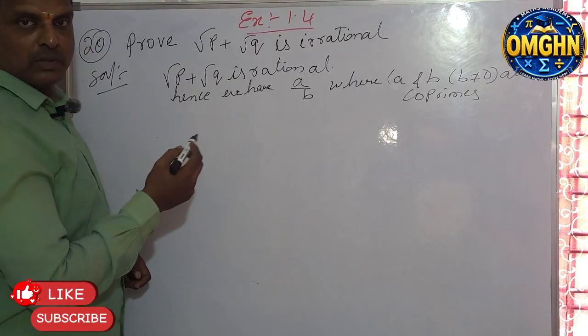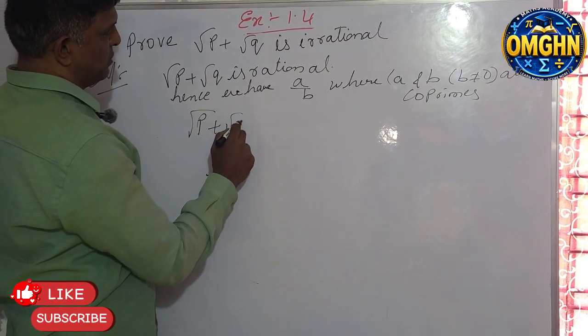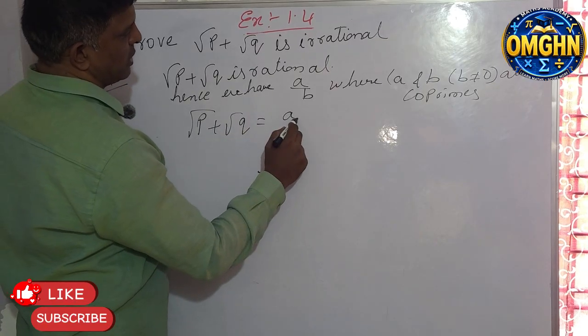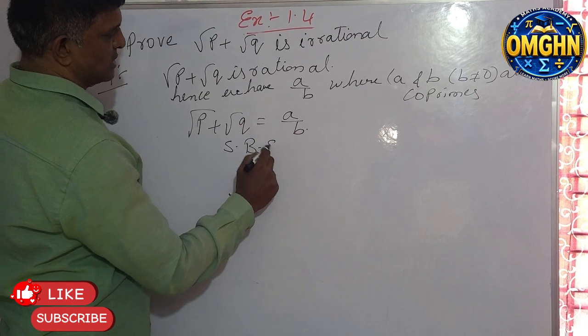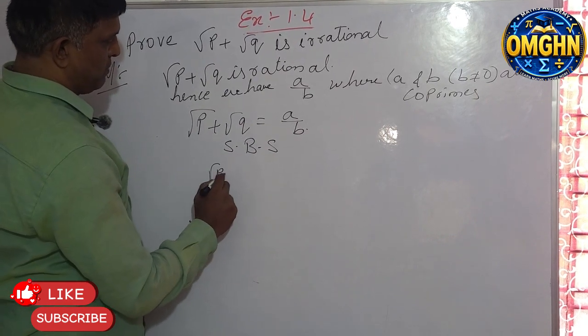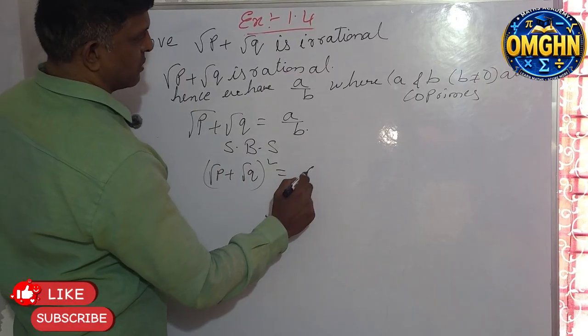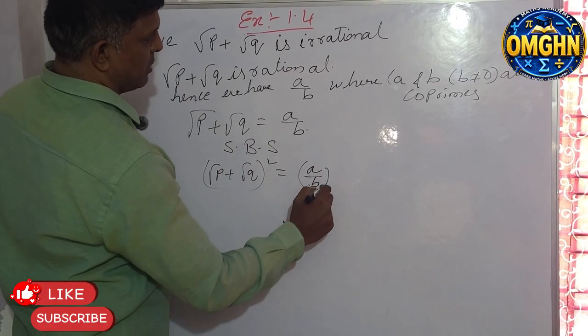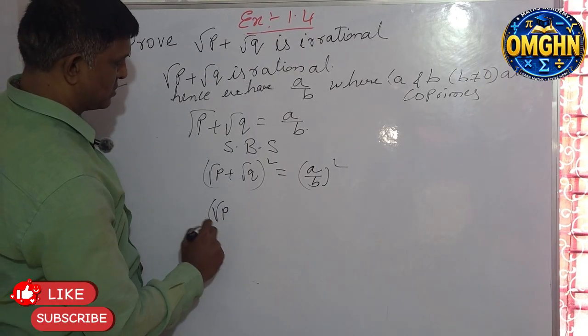Now, what we will do? Root p plus root q equal to a by b. Here, squaring both sides: root p plus root q whole square equal to a by b whole square, that is expanded.